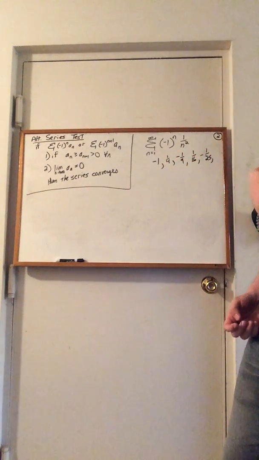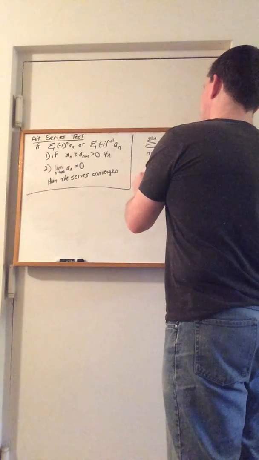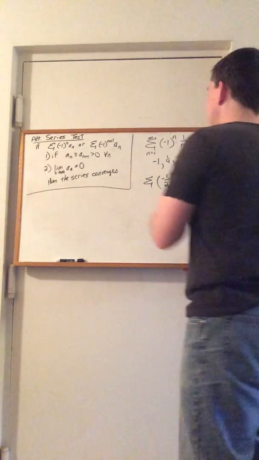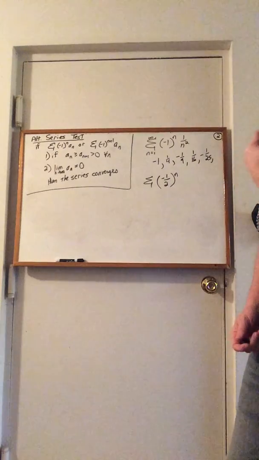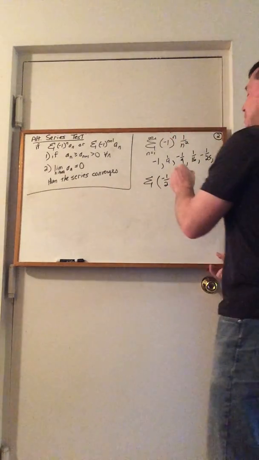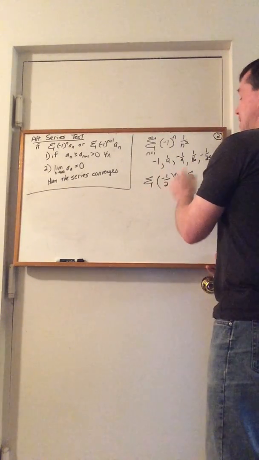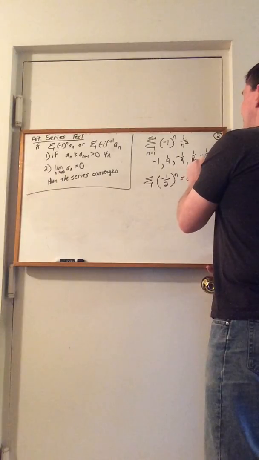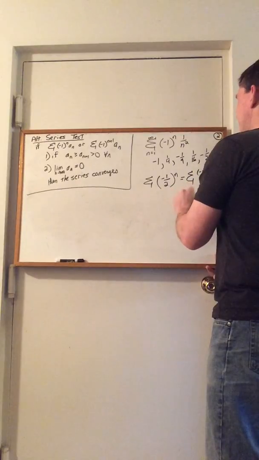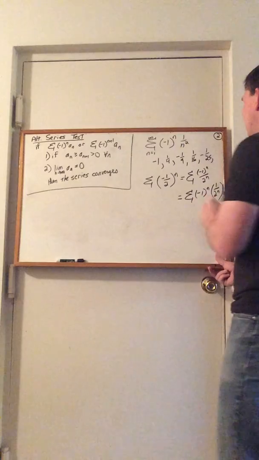That's an alternating series. But sometimes we can have a series that looks like maybe negative 1 over 2 to the n, which doesn't necessarily look like an alternating series, or at least it doesn't look like that. But if I algebraically manipulate this, since that's a fraction raised to a power, that's the same as negative 1 to the n over 2 to the n, which I can then write as negative 1 to the n times 1 over 2 to the n.